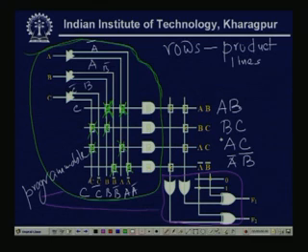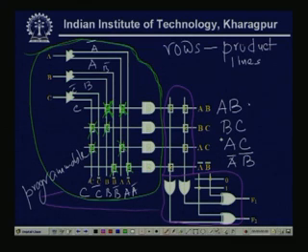Okay. So, AB, BC, AC, A bar, B bar, these are my 4 product terms. Now, in this particular example, this is my OR plane, and the product lines are the inputs here.